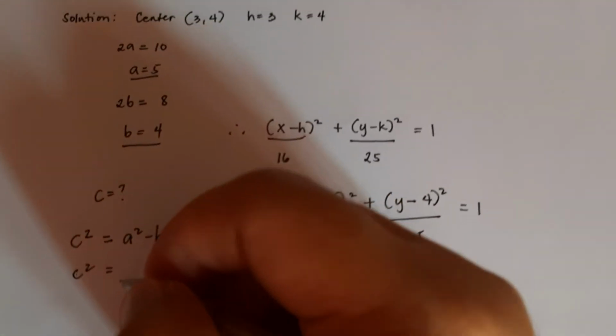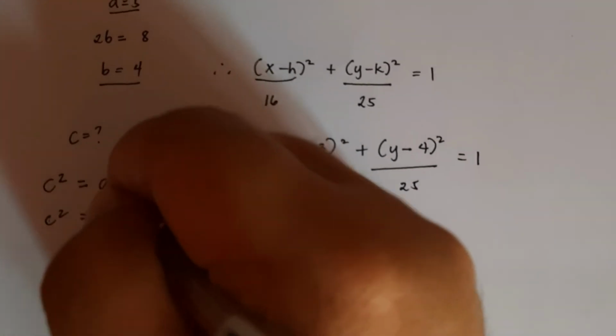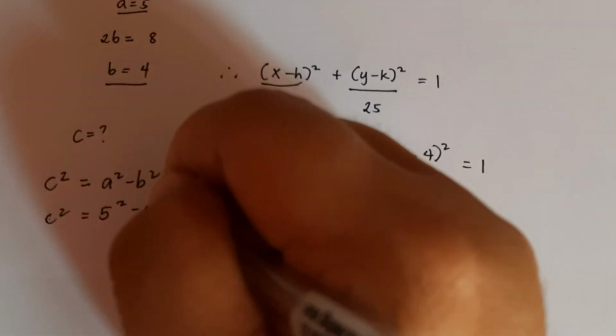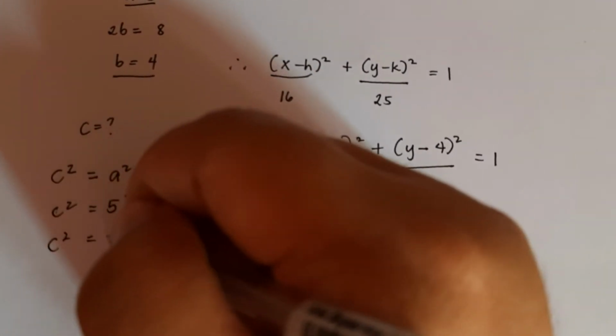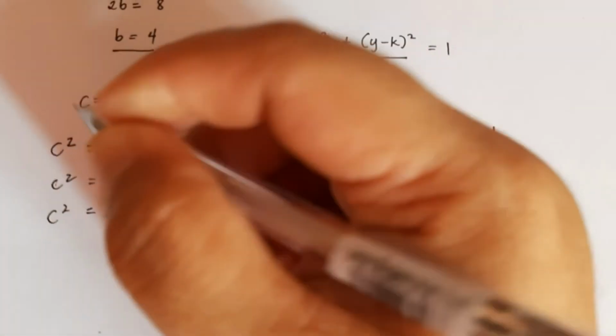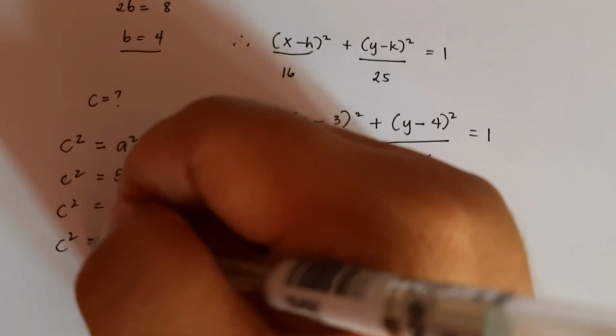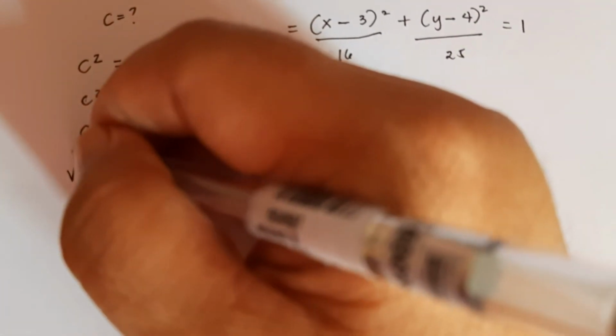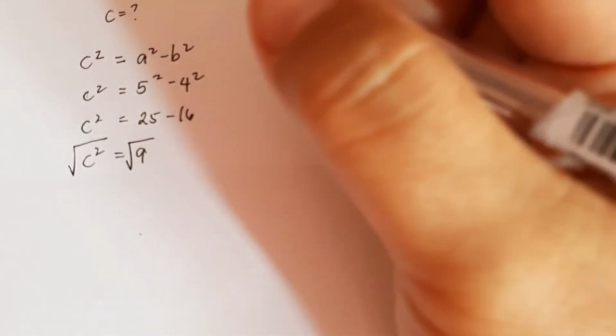So, c squared is equal to 5 squared minus 4 squared. So c squared is equal to 25 minus 16. So therefore, you have c squared is equal to 9. So to get the value of c, you have to get the square root of both sides.